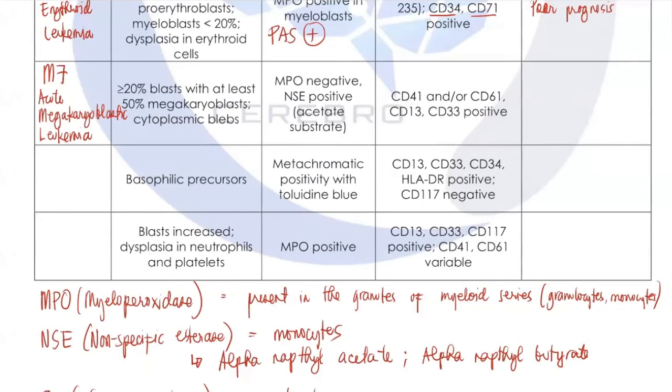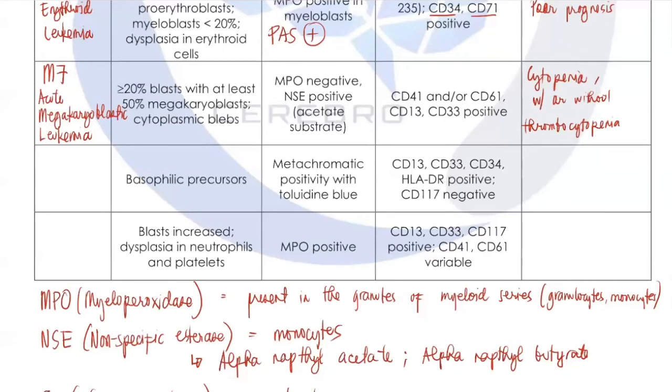Okay? So yan. Now, tatandaan natin for M7 that this is characterized by cytopenia, with or without thrombocytopenia. So pwede na maging normal yung platelets in this case.